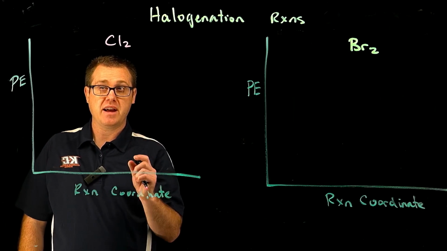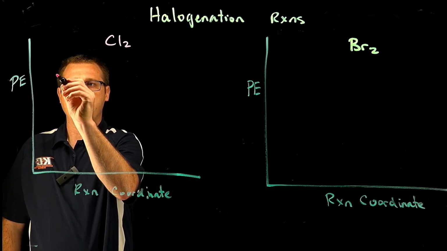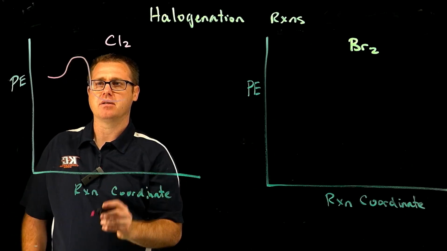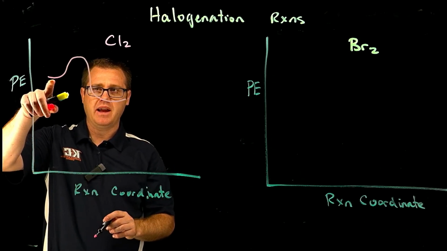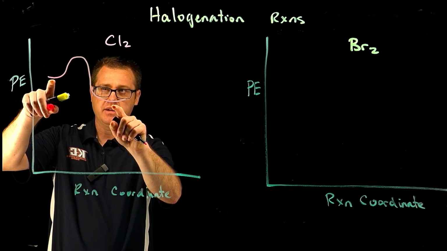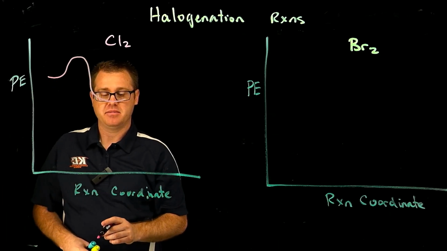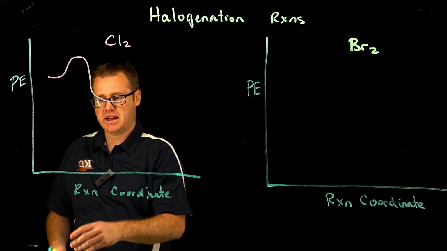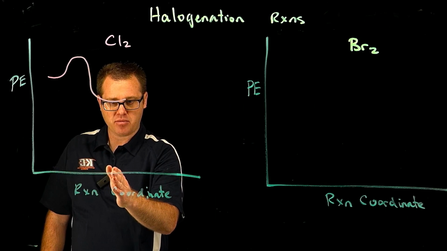So the first propagation step in chlorination, the energy diagram would look something like this. And from this point to this point, that is the first propagation step. On your x-axis, this is when the reaction starts, and this is where propagation 1 ends.